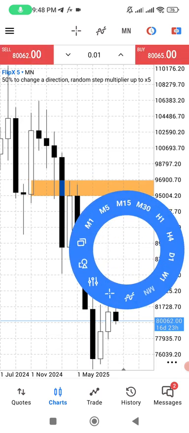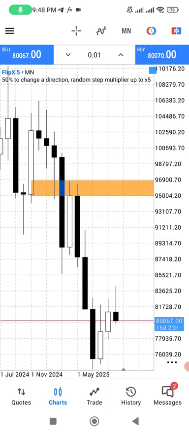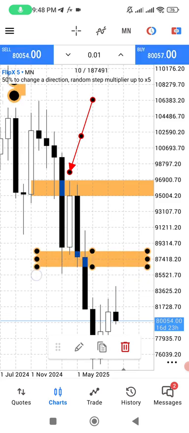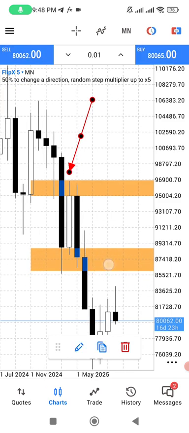Okay, so you have to mark at least two. When you mark at least two, you'll be able to know the next thing to do. Like here we have here. So when you now compare these two key levels, these two turning points, what do you notice?